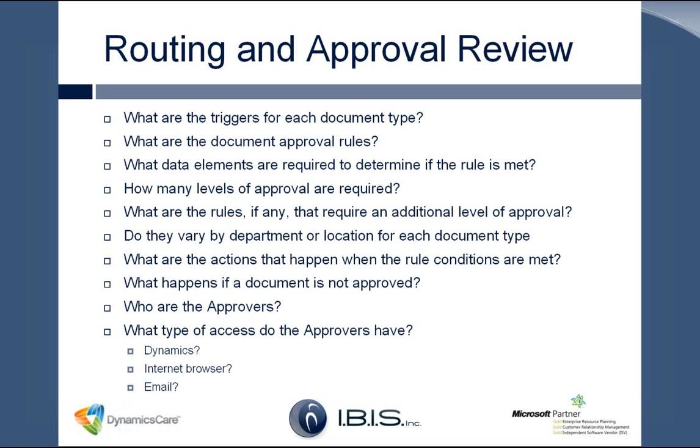What happens if a document is not approved? How do you handle rejections? Does it have to go all the way back to AP? Do rejections have to be handled by a certain individual? You also want to begin to identify who your approvers are across the organization. Who's touching or viewing that document in the departments? What levels?